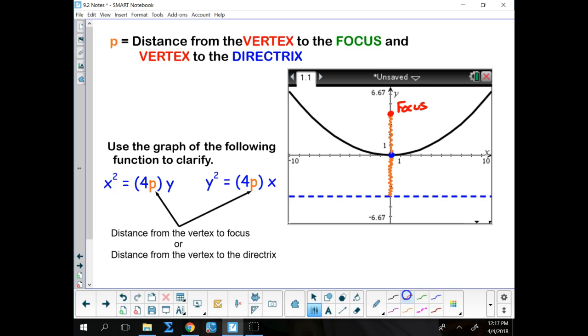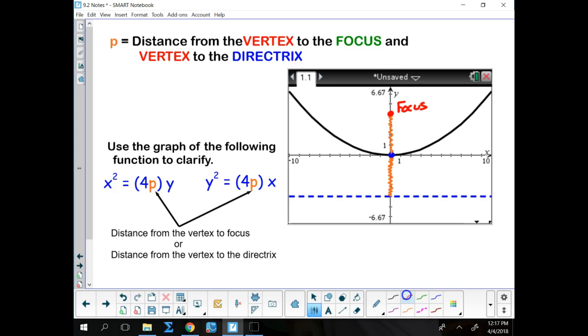So we could call the vertex the what between the focus and the directrix? Midpoint. Okay? So the vertex is the midpoint between the focus and the directrix.